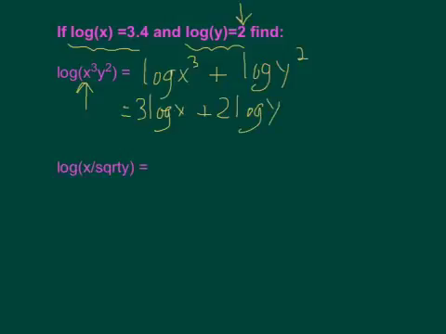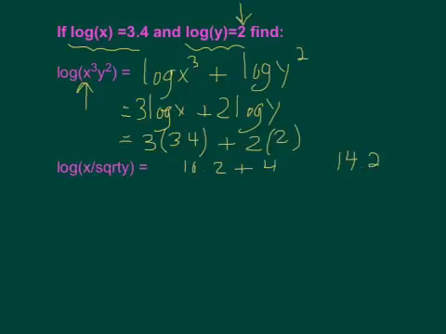Now I've done this rewriting, and knowing the values that I know, I can now substitute. So the log of x, remember, is 3.4, and the log of y is 2, and so we will have 10.2 plus 4, final result, 14.2.